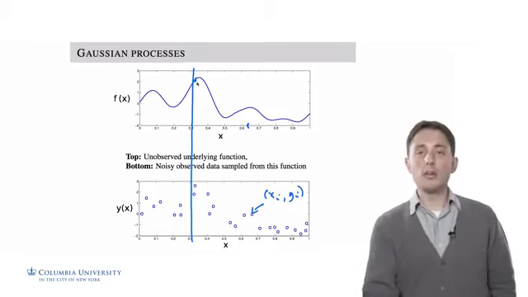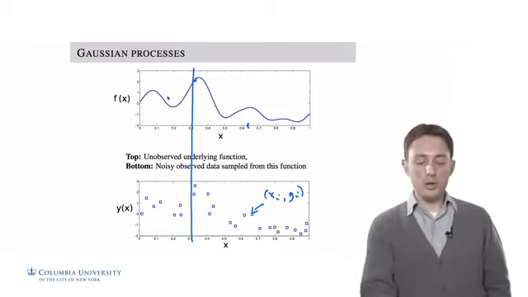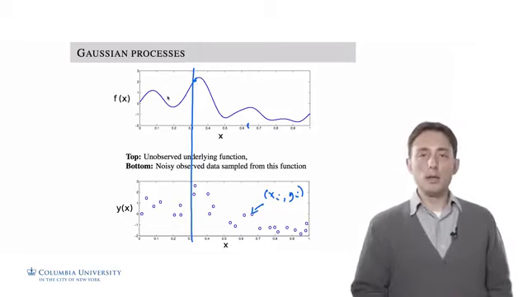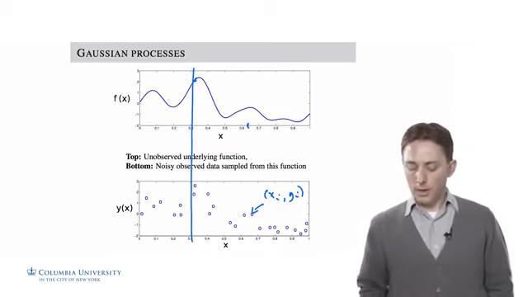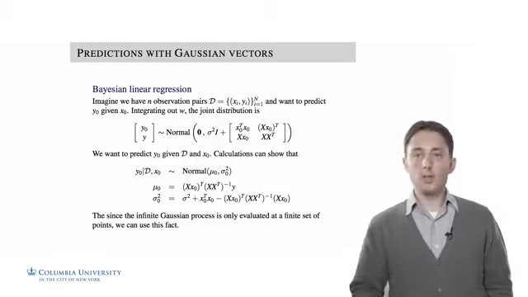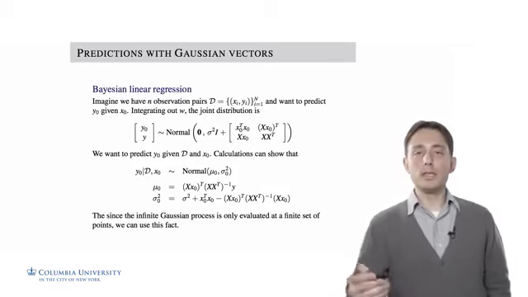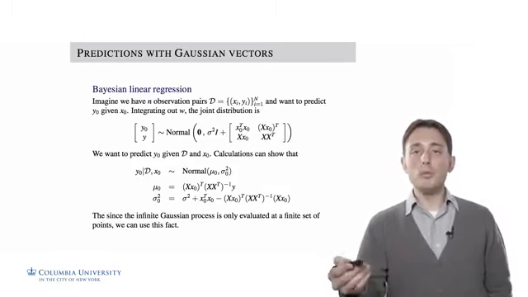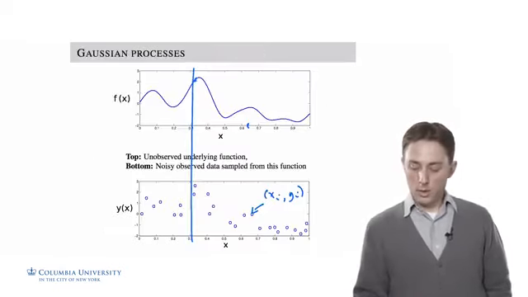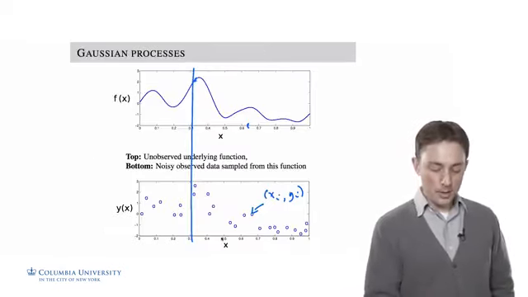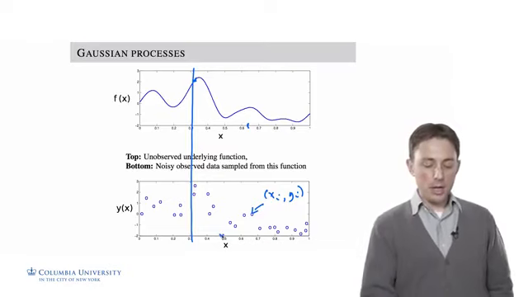We assume some underlying continuous-valued function, and we get random samples of this function, and that's the data that we have. Now we want to infer this function so that we can predict its evaluation at a new point. x naught is now some new point, and we want to predict what y is evaluated at this new point, x naught.